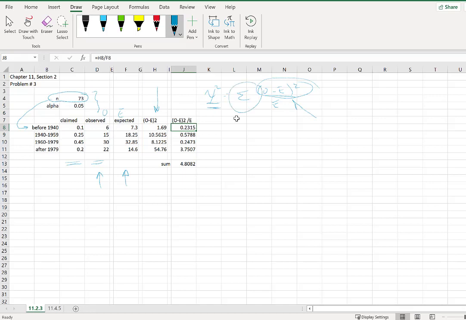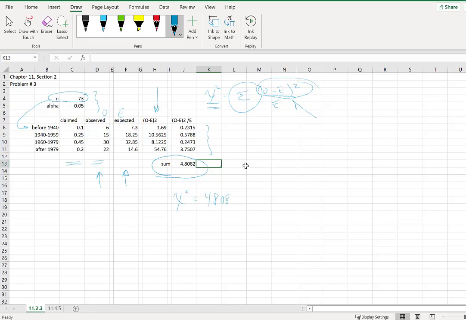Down here I've got the word sum. I've got the auto sum feature that's going to add those across each of the 4 levels. And that gets me the sum of the O minus E squared divided by E. So the value of my chi-square test statistic is 4.8082.